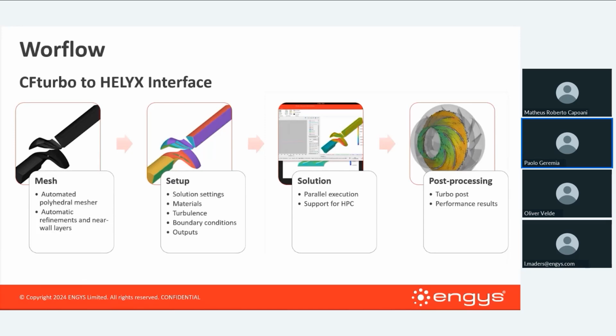Then the CFturbo to Helix interface will automatically define a sequence of mesh setup, solution, and post-processing actions in batch mode using the Python API available in Helix. This means that the interface will run our mesher, which is based on a polyhedral cell grid generator, and will also take into account surface and volume refinement, as well as near wall layers.